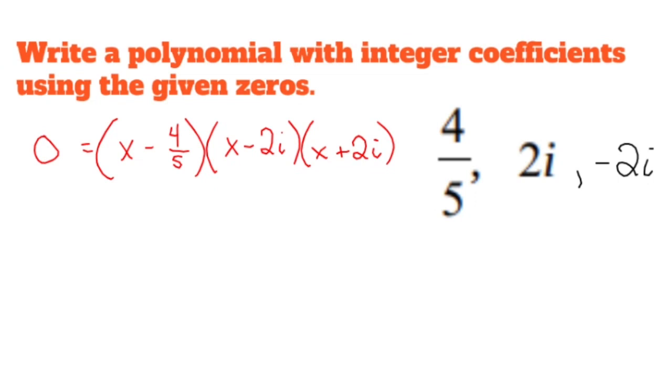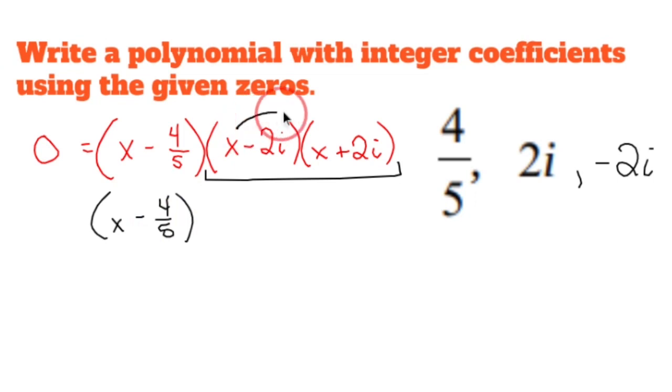Now what I have to do is simplify this out. So I'm going to use my eyes over here, knowing very well that things are probably going to go away, but I'm going to multiply this out. I haven't touched x minus 4/5 yet. Not yet. I will. But if I FOIL this out, wonderful things are going to happen.